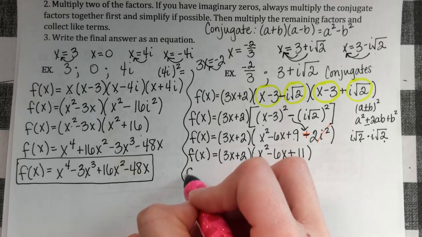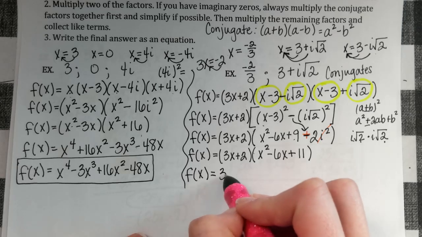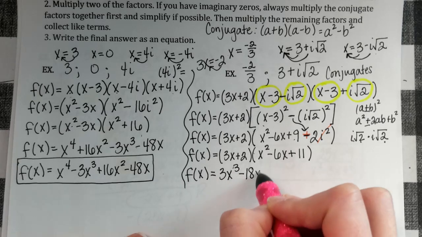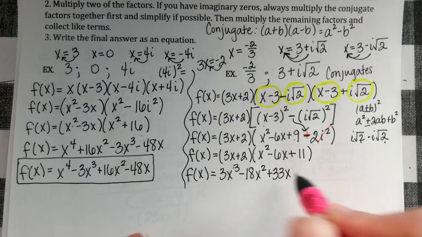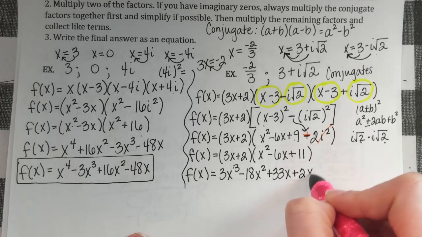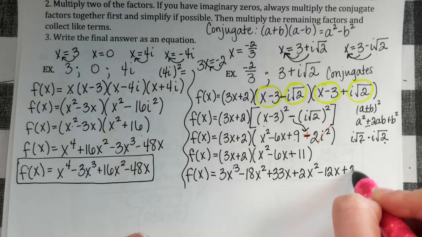And then I multiply. F of x equals 3x cubed minus 18x squared plus 33x. And then 2x squared minus 12x plus 22.